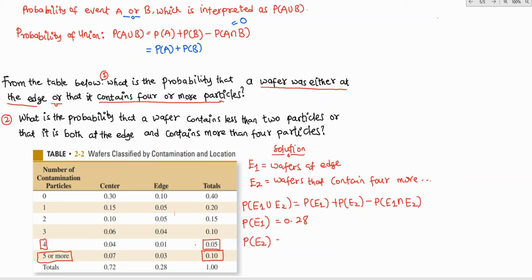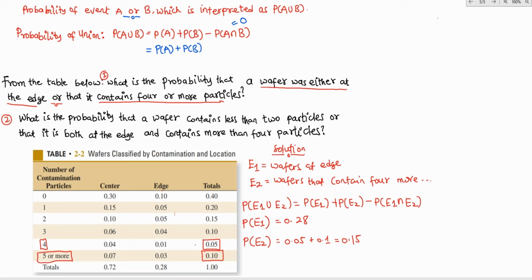So the probability of E2 will be equal to 0.05 plus 0.1, and this will give us a value of 0.15. That will be the probability of E2, which is the probability that a wafer contains four or more particles.